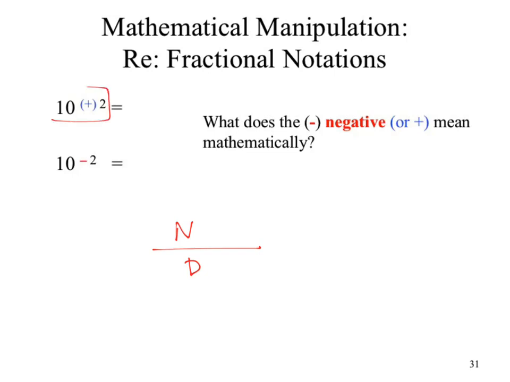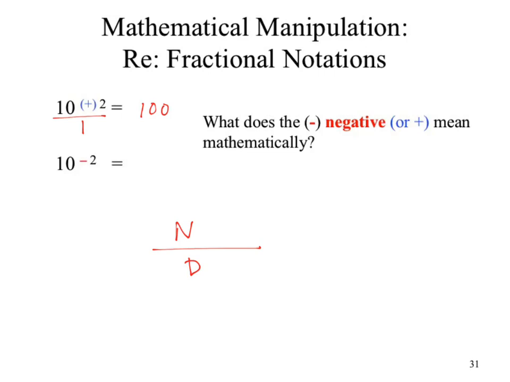Where's 10 to the 2 written? Okay. Nobody sees the numerator or denominator, right? There is a denominator. What is in the denominator right now? 1. Where's 10 to the 2 written? In the numerator. So I'm going to run the calculation of 10 to the second in the numerator. I'm going to leave it where it is. 10 to the second equals 100.